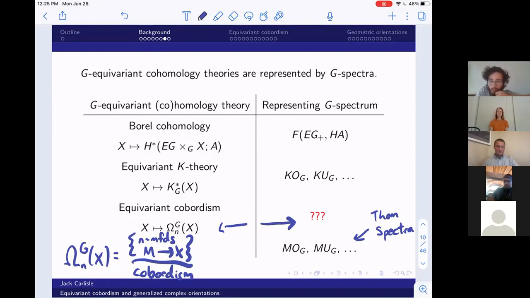However, I at least do not have a proof that this really does represent cobordism of manifolds for general G. Soon I'll show you a proof that in the case G equals C2, we can guarantee the representability of this candidate spectrum. Okay, thank you. Great, thank you. Yeah, great question.